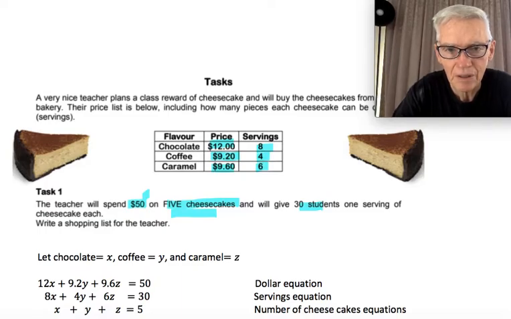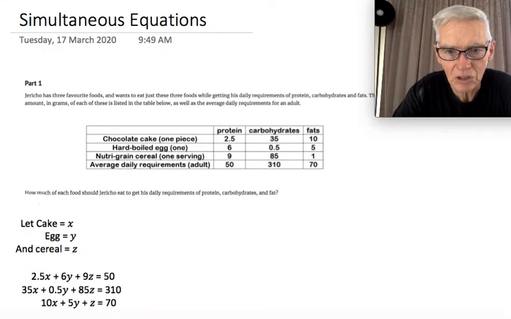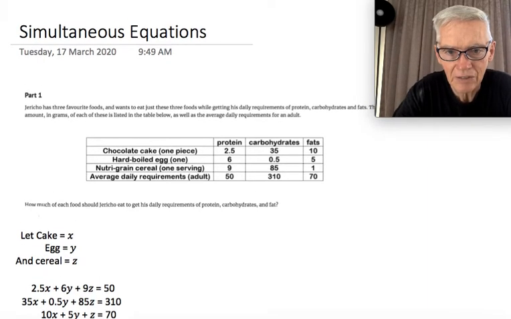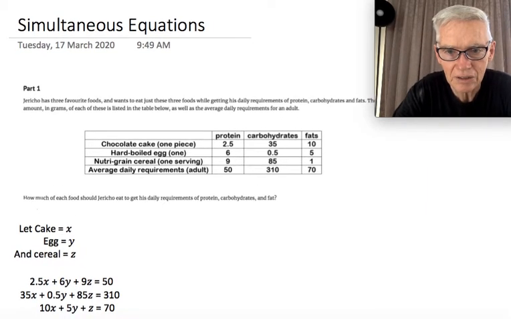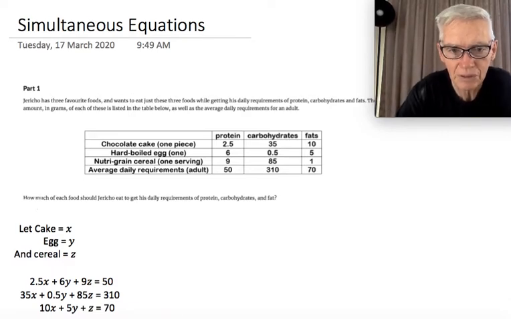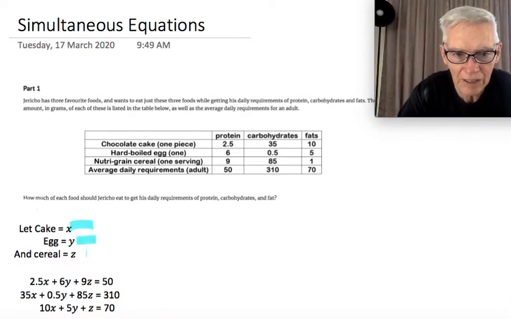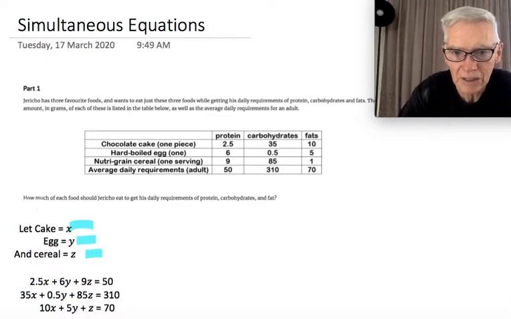Okay, I think I've got one more right at the top here. So this one here, we haven't done it, but let's have a look at this one. We've got Jericho's 3 favorite foods. So again, we let X, Y and Z equal the 3 variables. We're looking for totals here, and here are the totals.